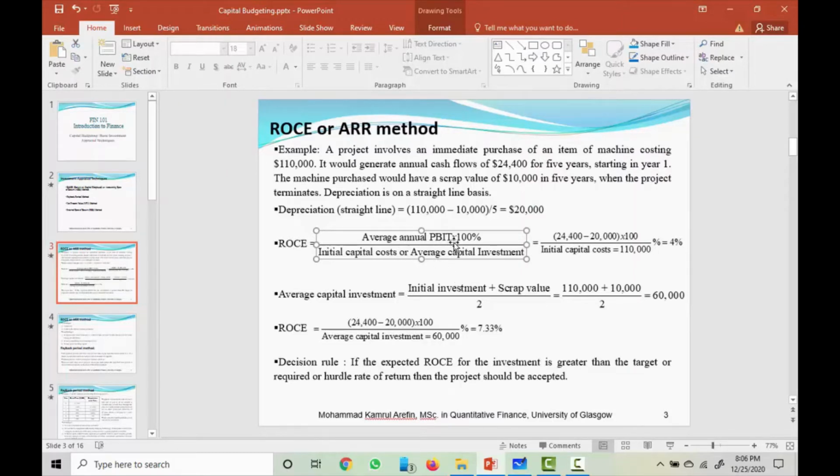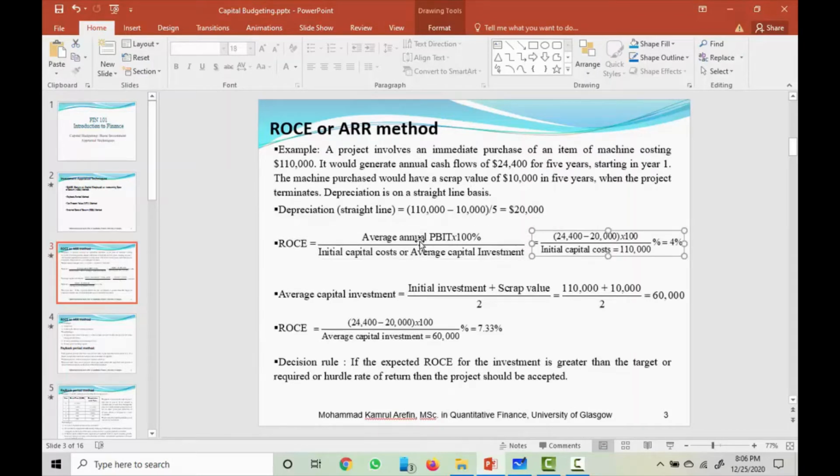So average annual profit before interest and tax, multiplied by 100%, divided by the initial capital cost or average capital investment. You may use the initial capital cost, or some people also use average capital investment.